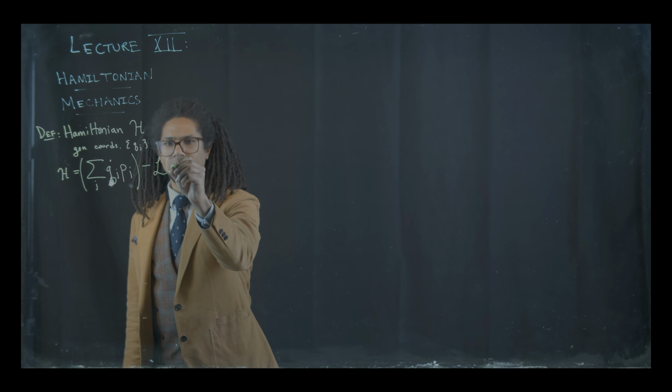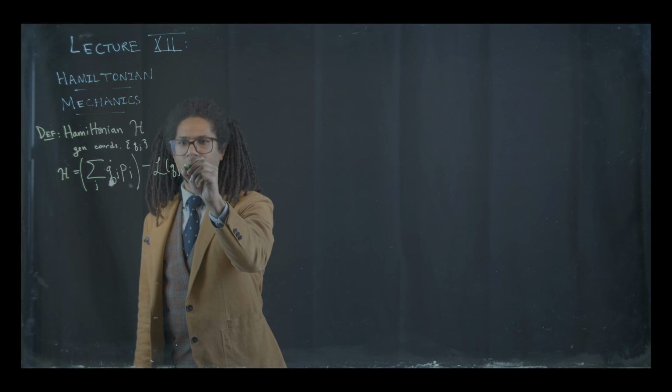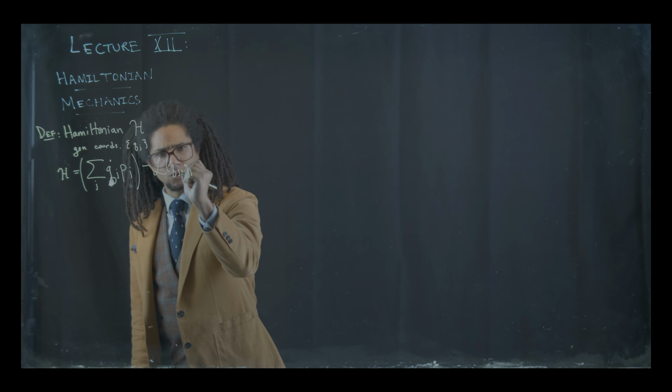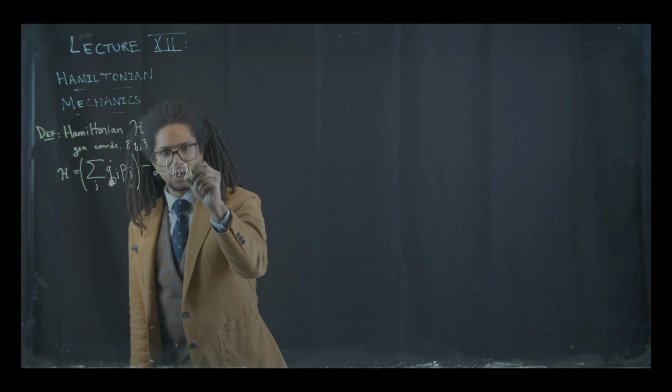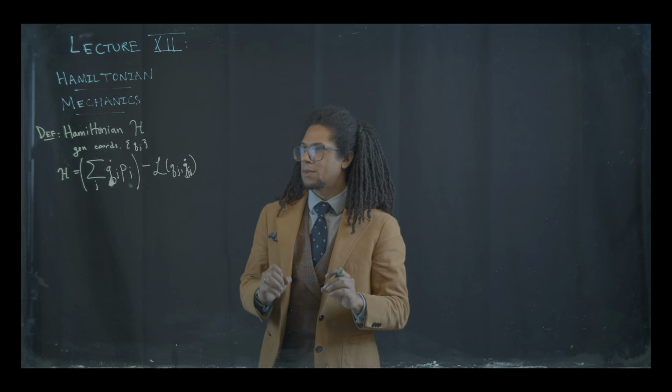And I'll write that in terms of qj and qj dot. Now also recall that the Hamiltonian was conserved exactly when the Lagrangian did not depend explicitly on time. And we're going to assume that throughout our study of Hamiltonian mechanics.